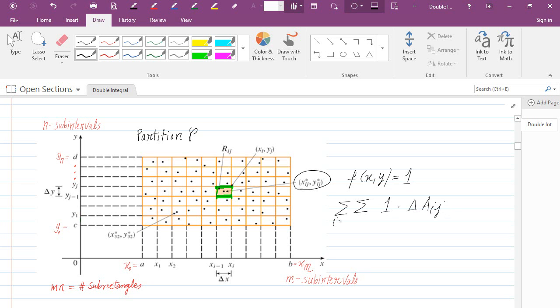And so this is i going from 1 up to m, j going from 1 up to n, and this is going to be equal to the area of the entire rectangle.